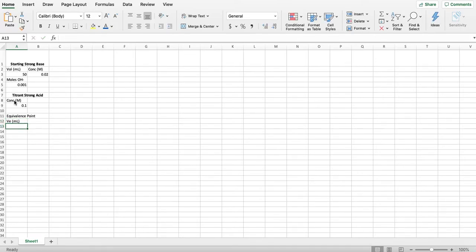Okay, so how do we find the equivalence point? That's when we have an equal number of moles, right? And so we want to have this moles right here of acid.